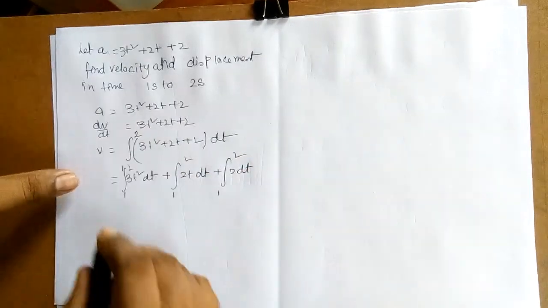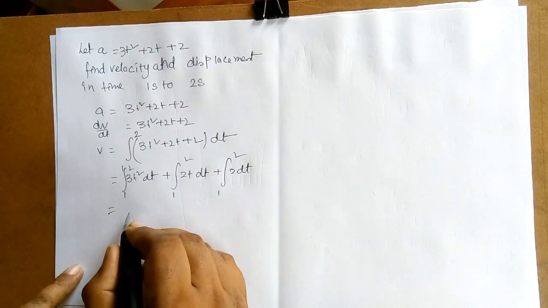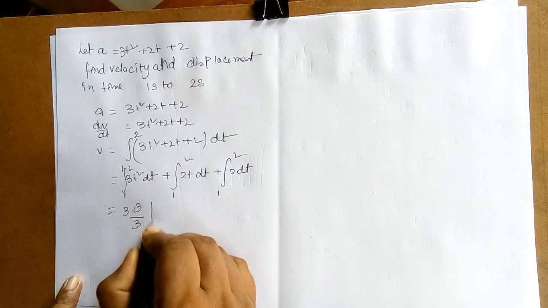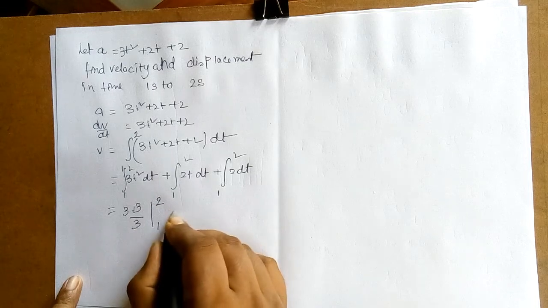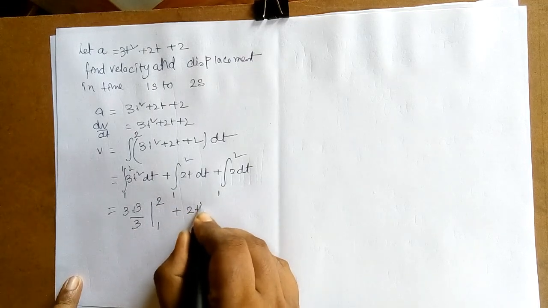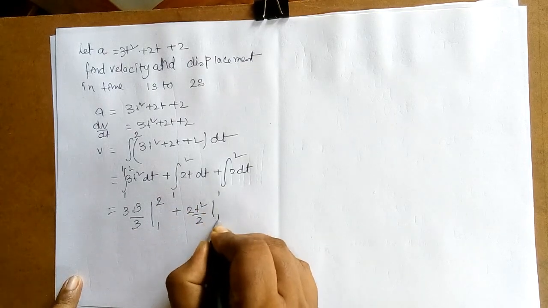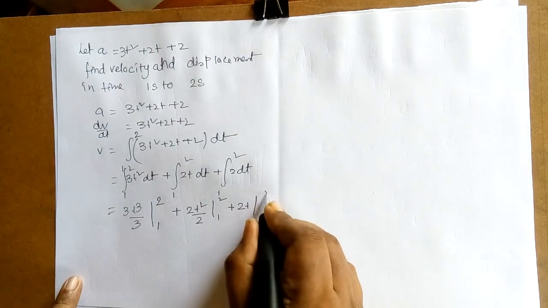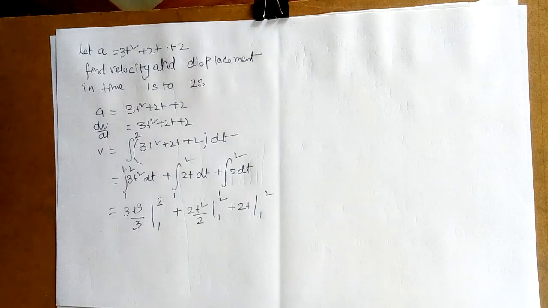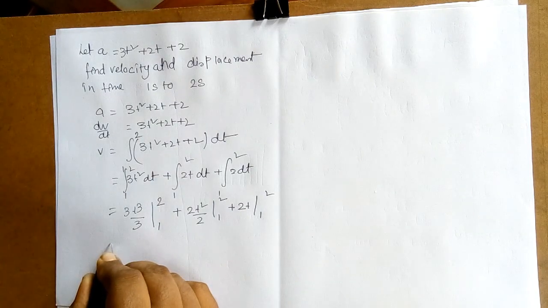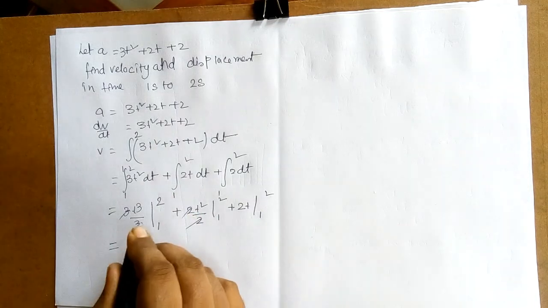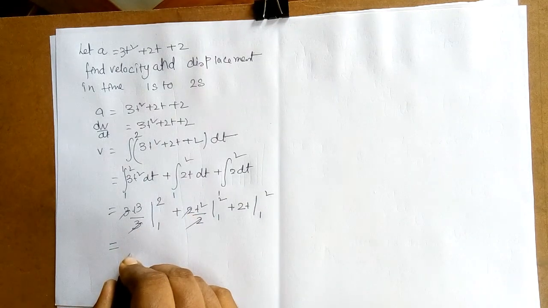So 3t square means 3t cube by 3 with limit 1 to 2, plus 2t square by 2, 1 to 2, plus 2 into t, 1 to 2. The reasons I have already explained just now on the board. Now 3 will be cancelled out, 2 will be cancelled out. So upper limit minus lower limit.